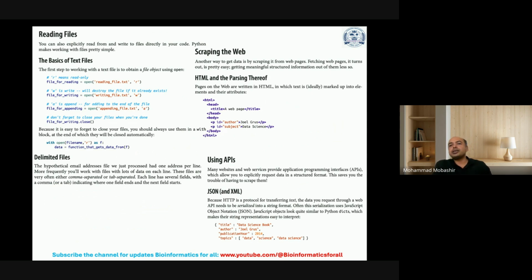So you need to understand what we need to look for when we are handling or sourcing the data from different sources, whether from file, web pages, or some other stored databases.